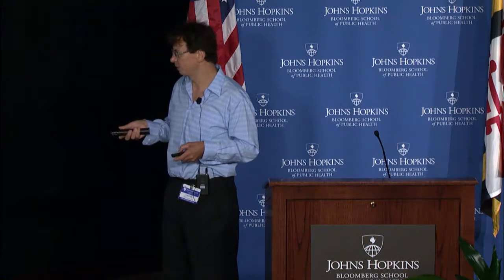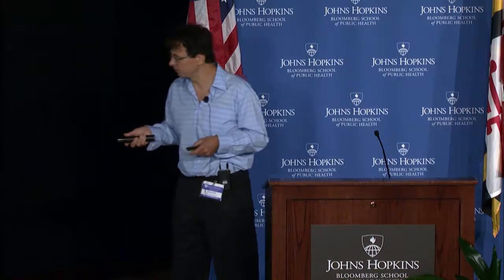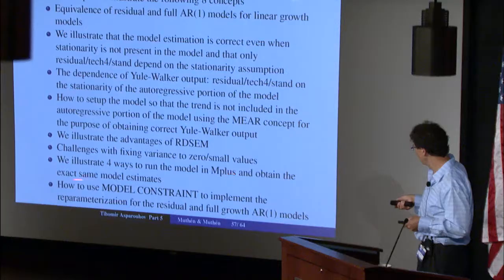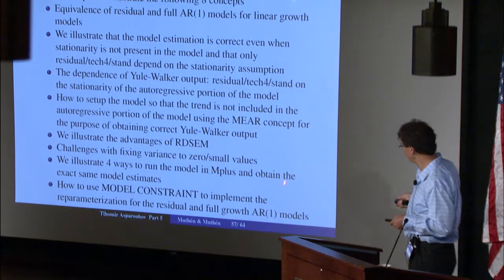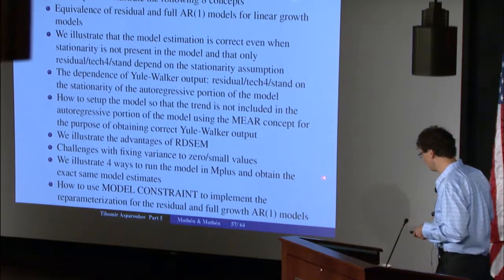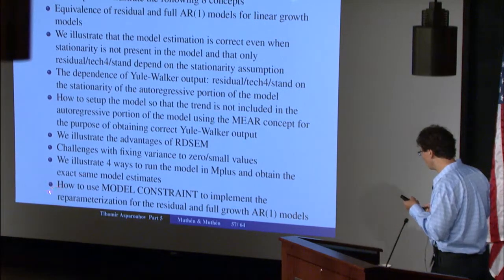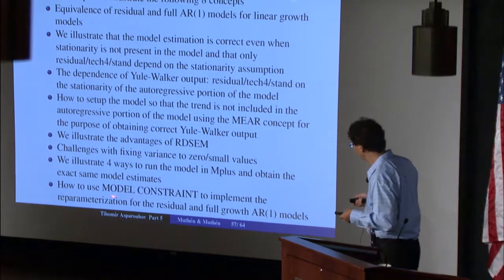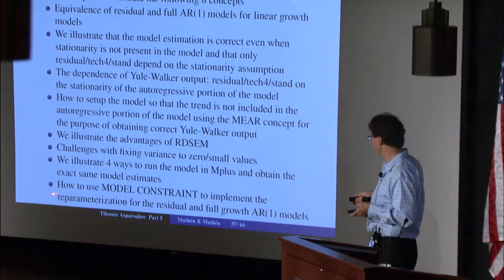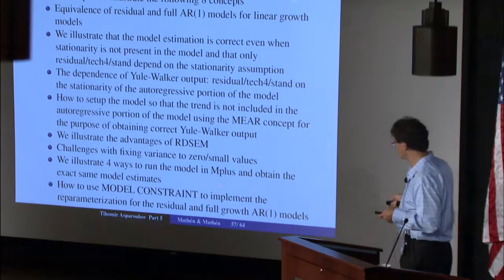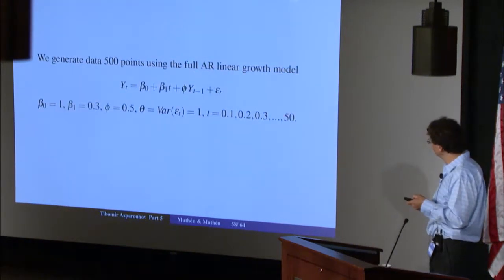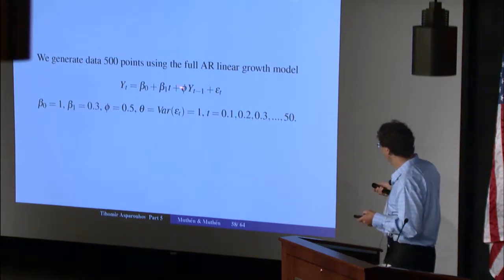We also illustrate the challenges in the Bayesian framework when you fix a small residual variance to zero. And we're going to show that there are 4 different ways to run the same model and get the exact same parameter estimates. The final concept we illustrate is that model constraints can be used to implement the reparameterization of the residual on the full AR1 models.